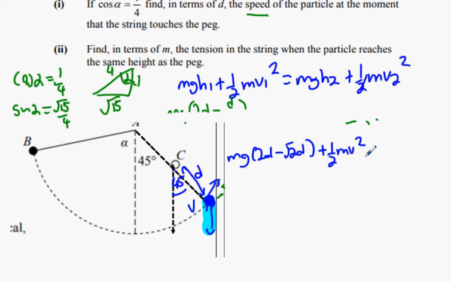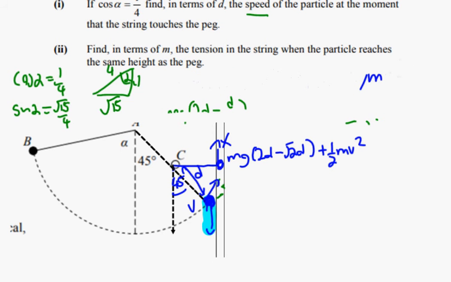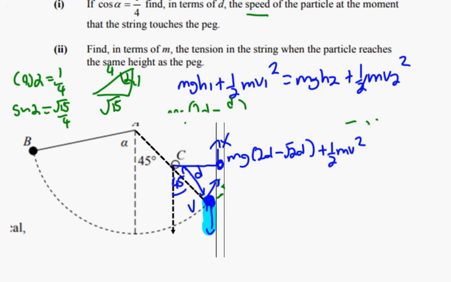Now we're going to use a different letter. I'm going to say that the speed when it's up here, I'm going to call it x, just to have a completely different letter. We'll put that there at x.